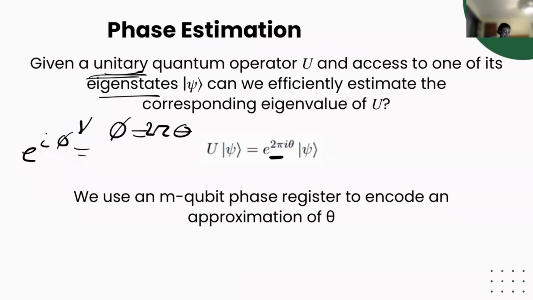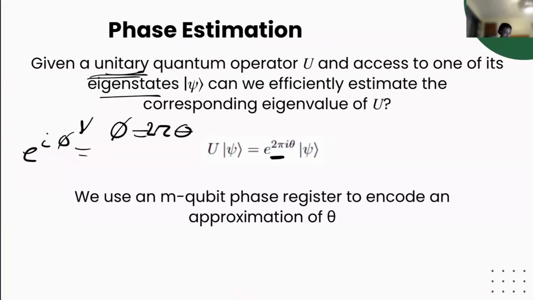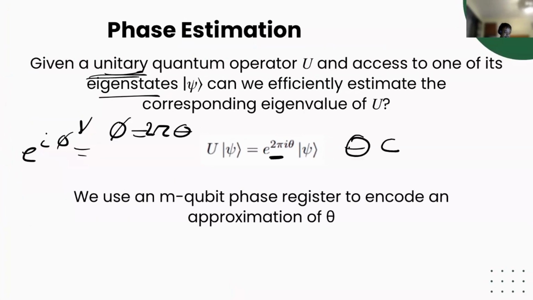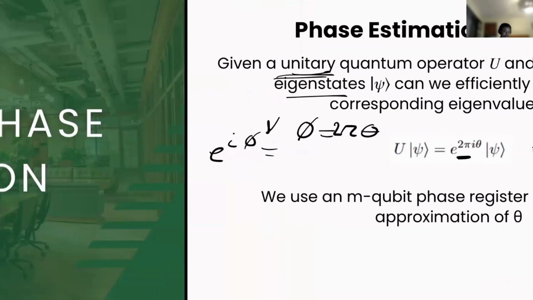What this does is that we can conclude that theta is going to be contained in a range from 0 all the way to 1. I've written it this way to show that we include values of 0, but not values of 1. The reason being that this complex exponential has a period of 2 pi. If we included 1, we would end up in the same position as if we ended up with 0, because that would correspond to a full revolution around the circle.